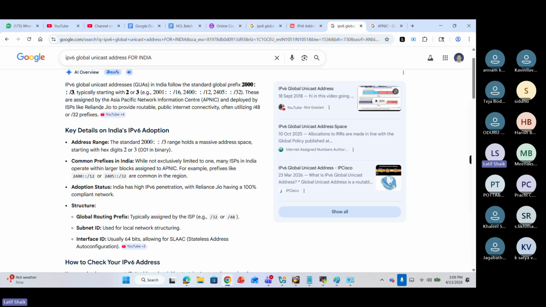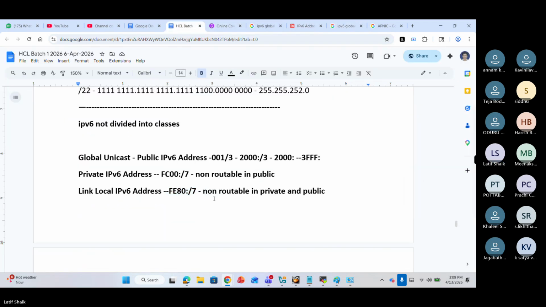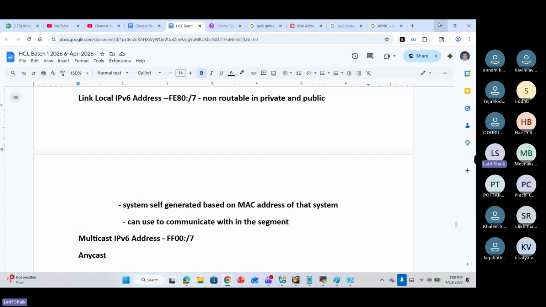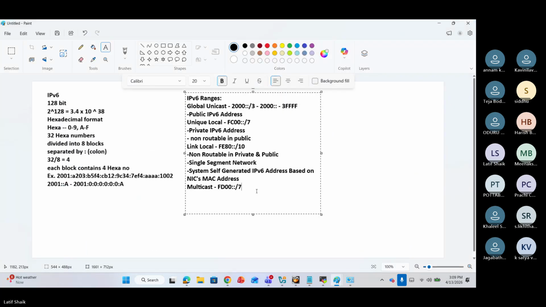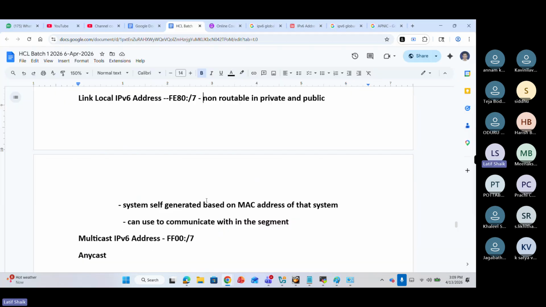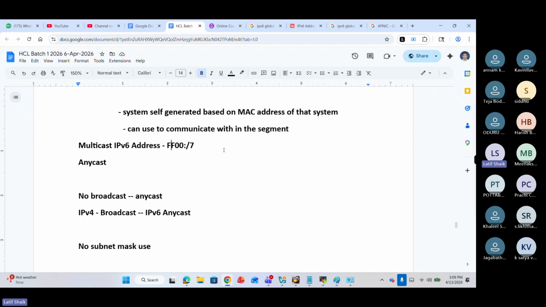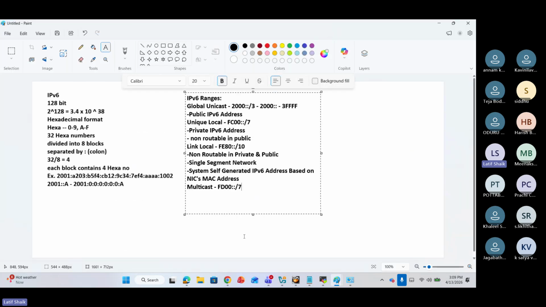Okay, these provide routable public internet addresses utilizing /60 prefixes. Multicast, where I made a mistake: multicast is FF00.